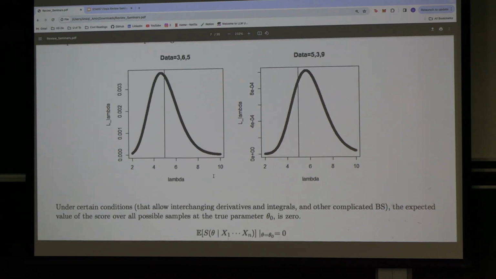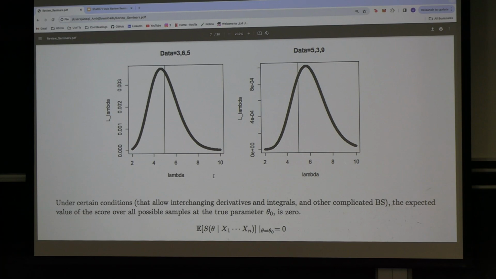Now here is another point, and we're not going to prove it because it requires you to do some things. But this is an important thing. If you're allowed to interchange derivatives and integrals, and a couple other requirements are satisfied, the expected value of the score over every possible sample that you can observe ends up being 0, right?